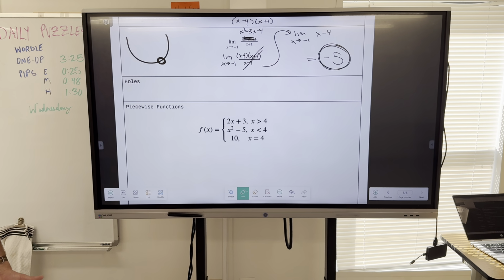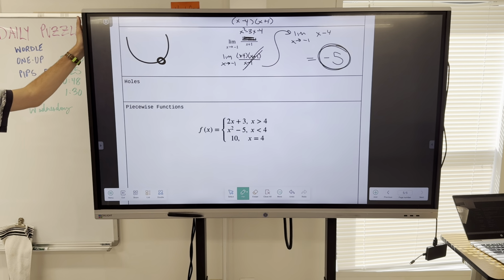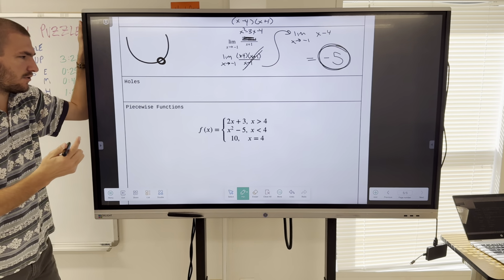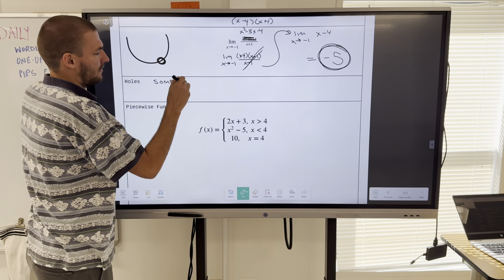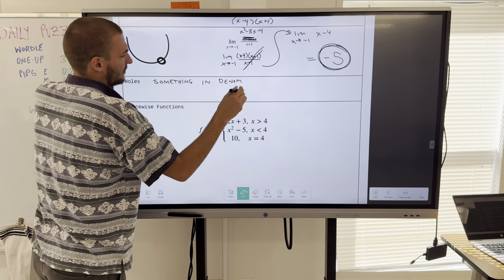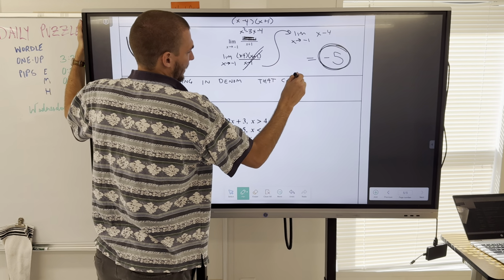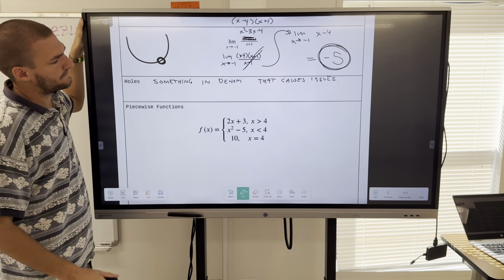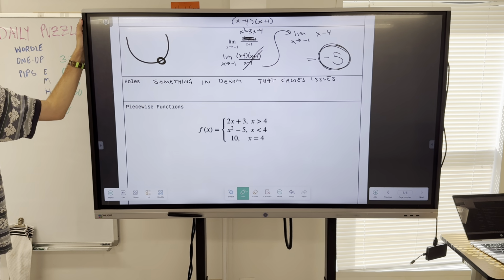Okay, so let's talk about holes here and how we're gonna do this, okay? Most likely, when you go to do these algebra questions, we will have something in the denominator that causes issues.